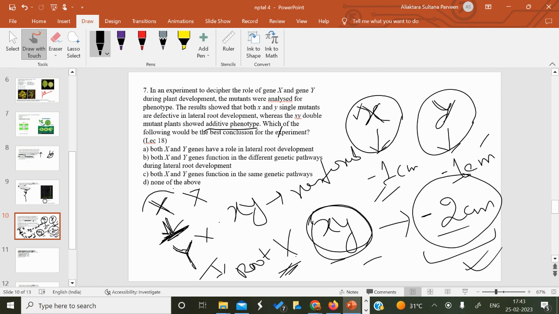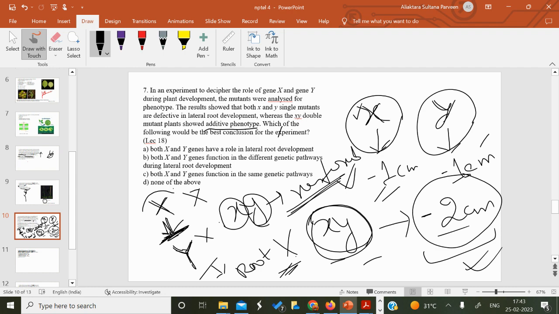That means X was actually inhibiting Y. That's why, in the presence of X mutation, if you mutate Y as well, you see the rescue or restoration. That means these two had some interaction, even if it was a suppression. In this case it was suppression, that's why you were able to see some kind of restoration.